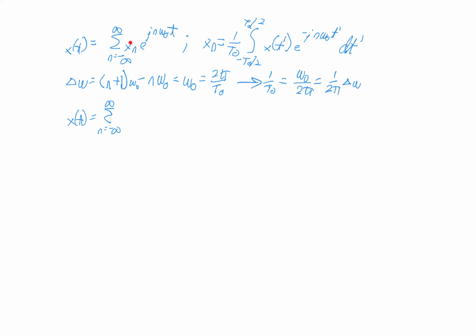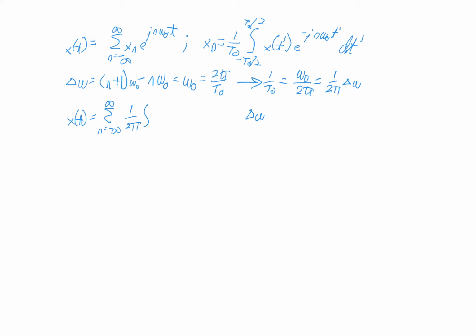As part of that formula, I have 1 over t naught, which is equal to this expression. So I'm going to put my 1 over 2 pi here, and I'm going to put the delta omega way over there. So that's the step width in frequency that I'm multiplying by to get the 1 over t naught. And now I'm going to continue on with the rest of the expression.